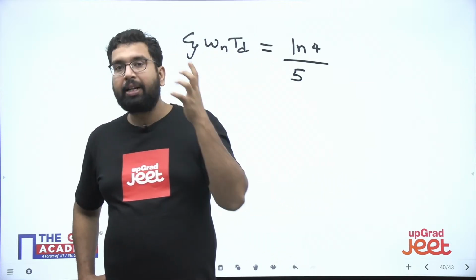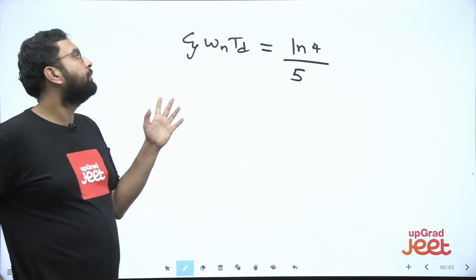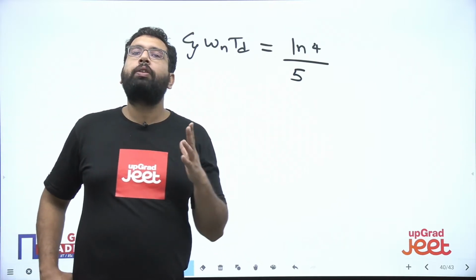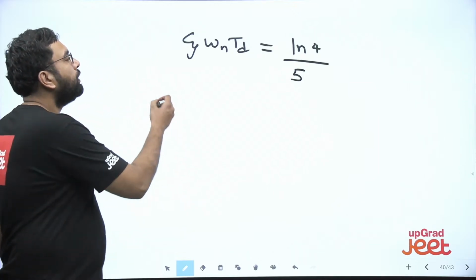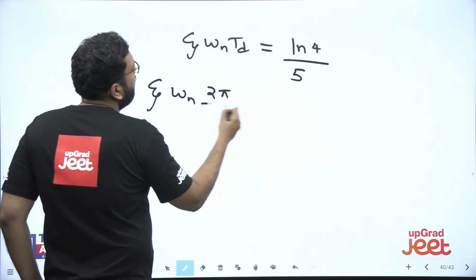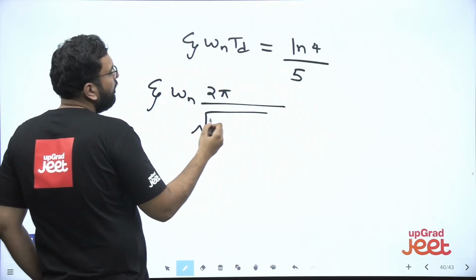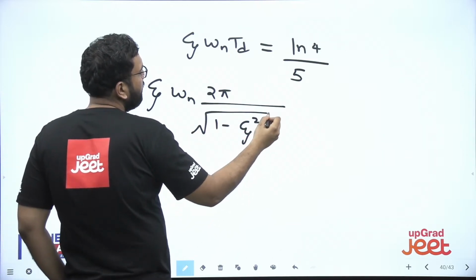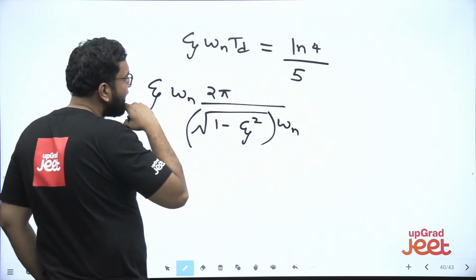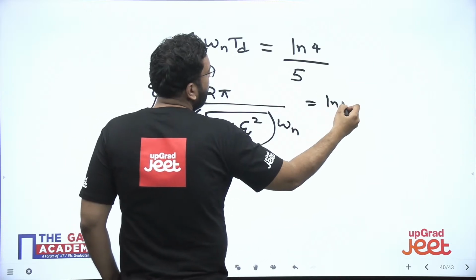In this equation, we can see that we are having 3 variables. But it is not actually 3 variables, it is 1 variable only. How, sir? We are having zeta, omega n and td. Td is 2 pi upon root over 1 minus zeta square into omega n, which is equal to log of 4 upon 5.